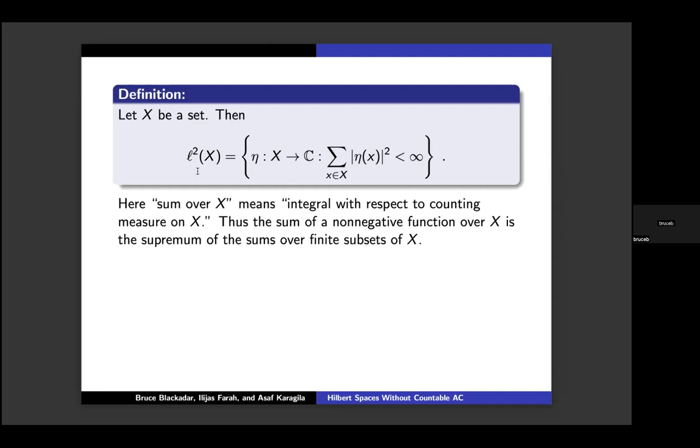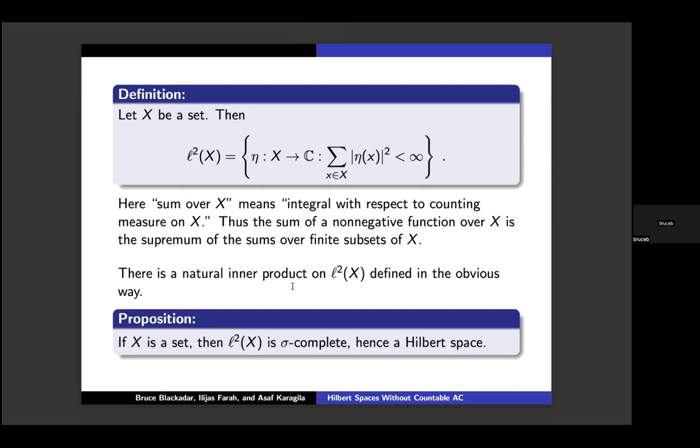And in the usual way, you can show that this is a vector space, and it has a natural inner product defined in the usual way. And you can prove that it's sigma complete, so it's a Hilbert space. The completeness proof is just a variation of the usual completeness proof that we're all familiar with, modified a little the way we modified the proof of the closest vector property to work with sigma completeness.